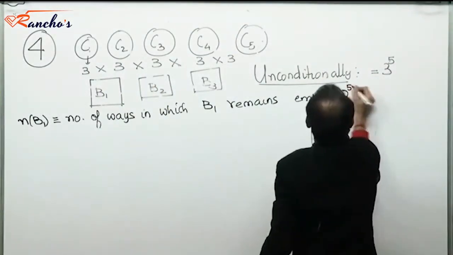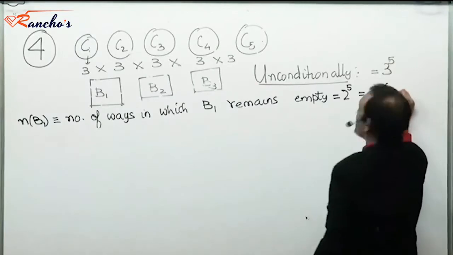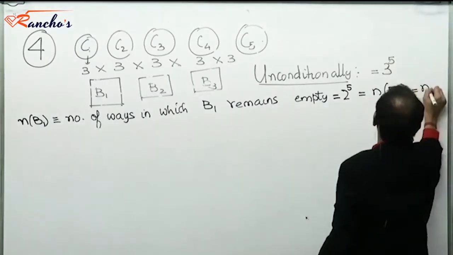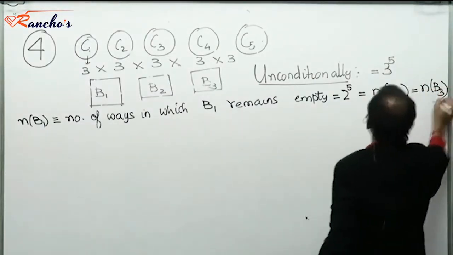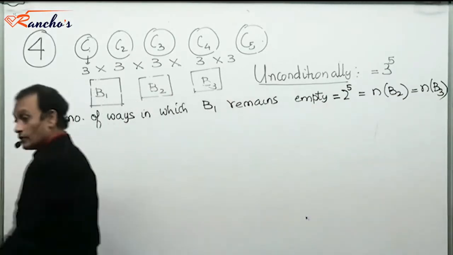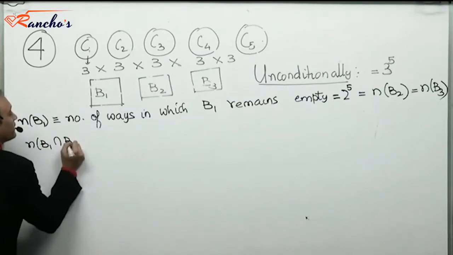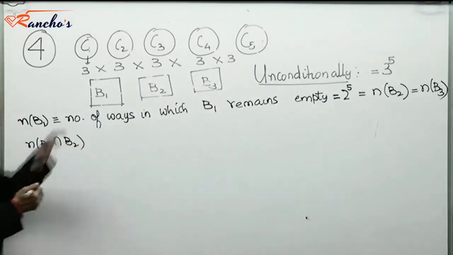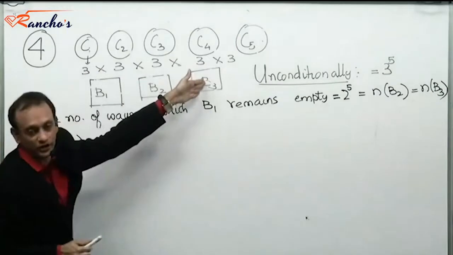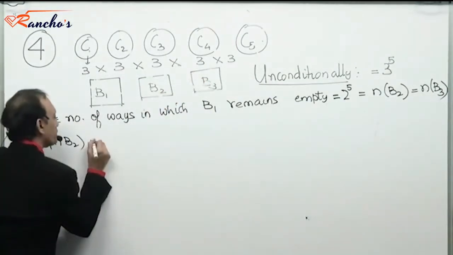And is that also not equal to the number of ways in which B2 remains empty? Is that not equal to the number of ways in which B3 remains empty? Yes or no? Right? Now, number of ways in which B1 and B2 remain empty. Just one way. If B1 and B2 remain empty, all the balls are put in B3. So, just one way.